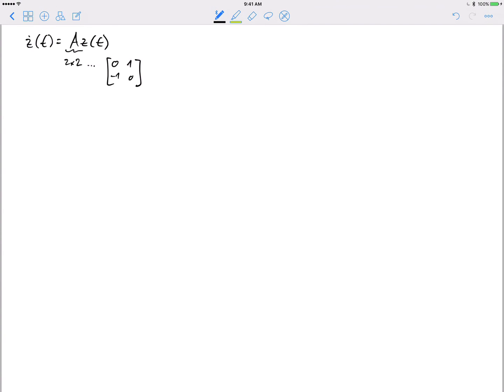And the analytical solution is given like this. So Z of t is exponential, and that's the key word I was looking for, of tA, Z0. Okay. So this thing is matrix exponential.